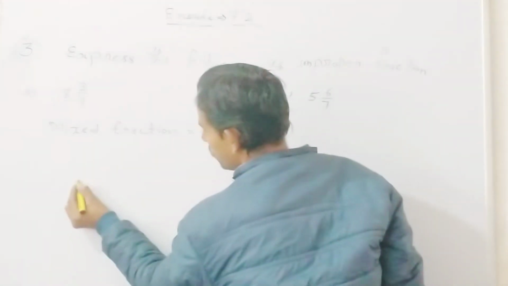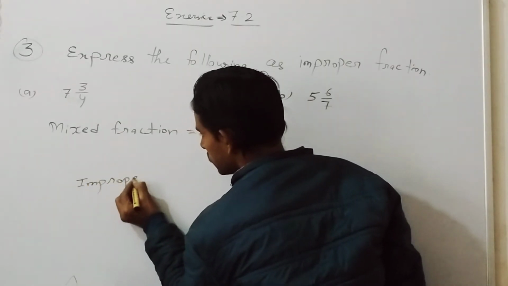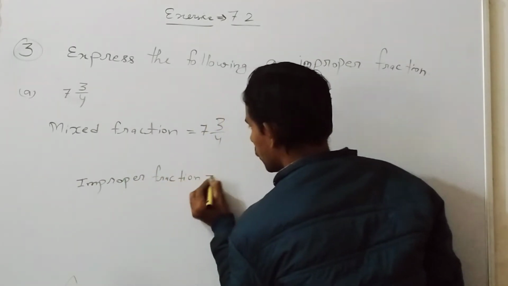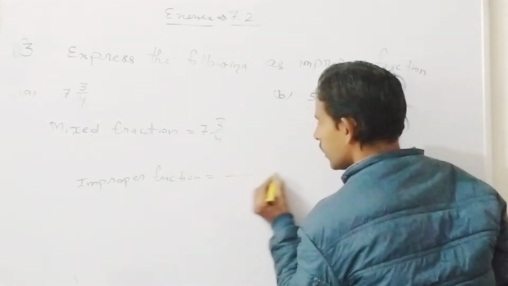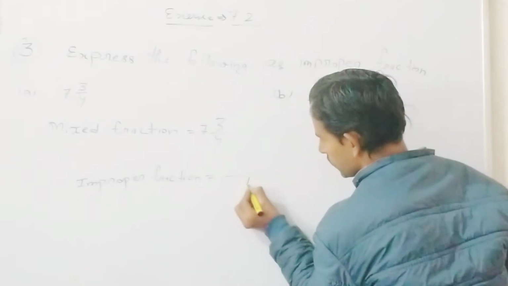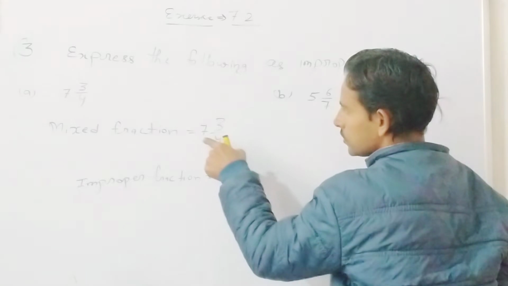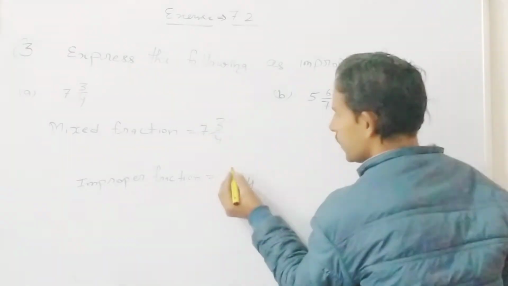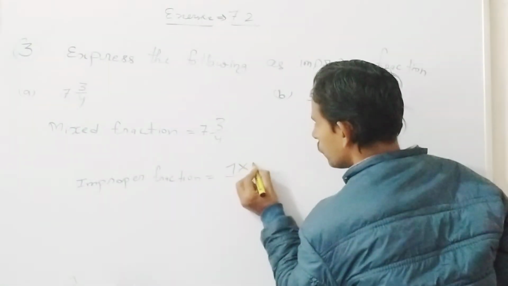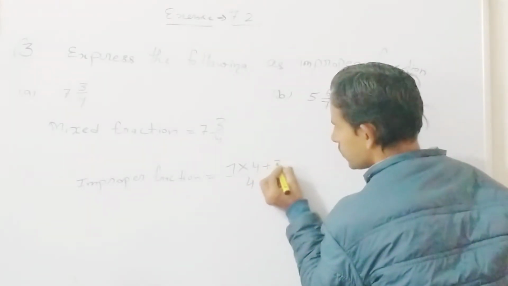So write down: improper fraction equals, draw a line here, denominator equals 4, write down 4 in the same place. Now we will multiply this value by this value, that is 7 into 4, and add this value, that is 3.